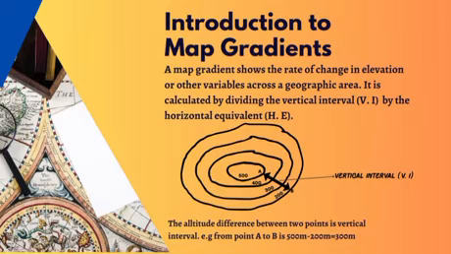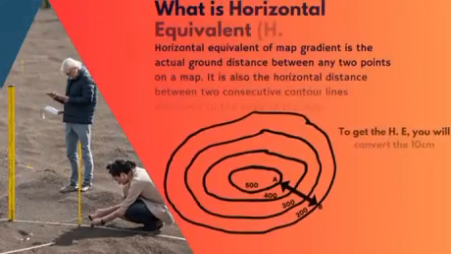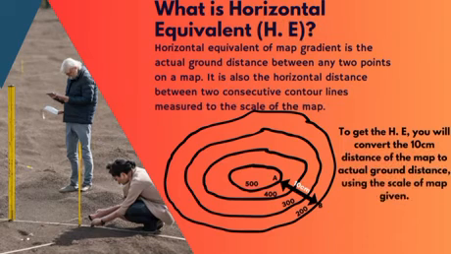To calculate our gradient, the vertical interval of a contour line must be known and also the equivalent horizontal distance. For example, what we have from distance A to B is the vertical interval. To determine the gradient, the horizontal equivalent must also be known, and this is gotten by converting the distance of the same vertical interval to the actual ground distance covered by the two observed points.